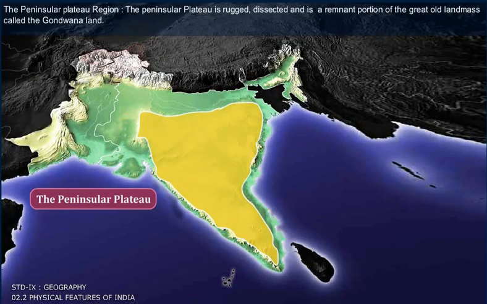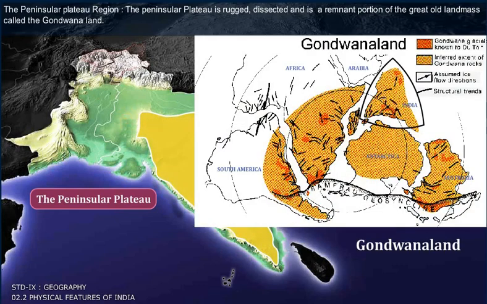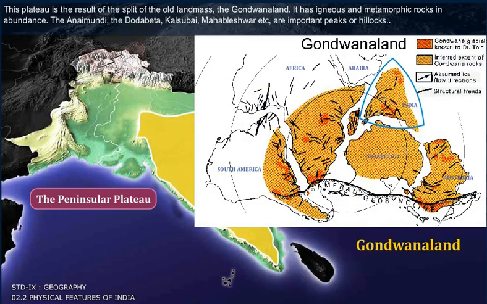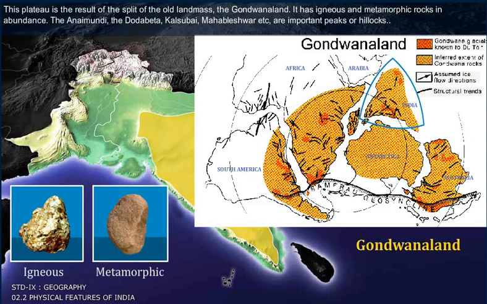Peninsular Plateau region. The Peninsular Plateau is rugged, dissected and is a remnant portion of the great old landmass called Gondwana land. This plateau is the result of the split of the old landmass, Gondwana land. It has igneous and metamorphic rocks in abundance.